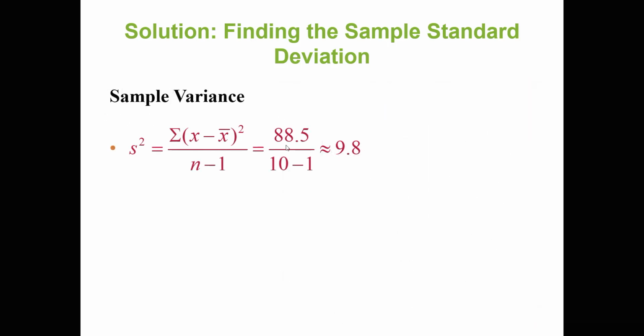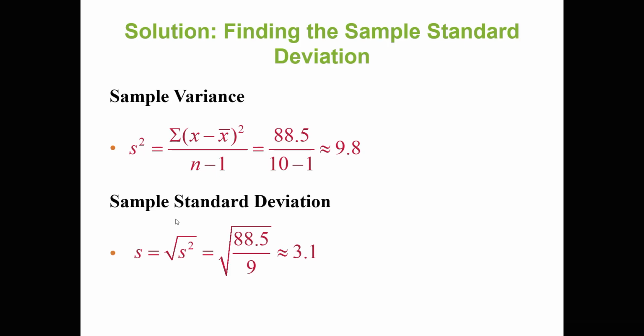So here we go. You have 88.5 divided by 9. This is your sample variance, and then you take the square root. You end up with this for your sample standard deviation. Now it's very important to take note of the notation.